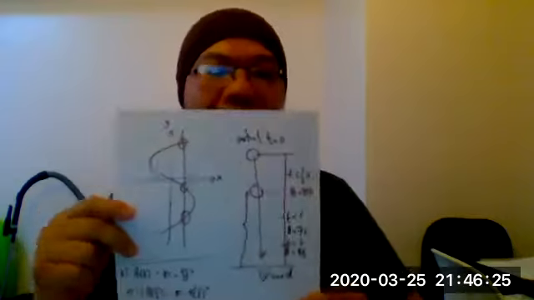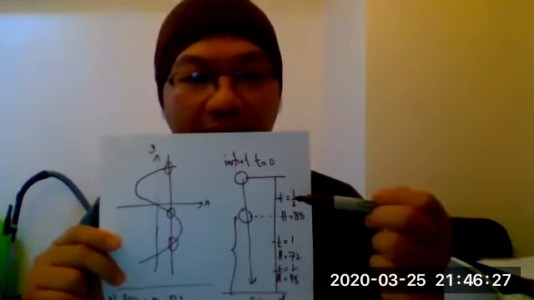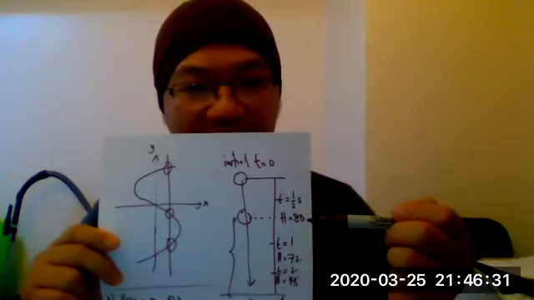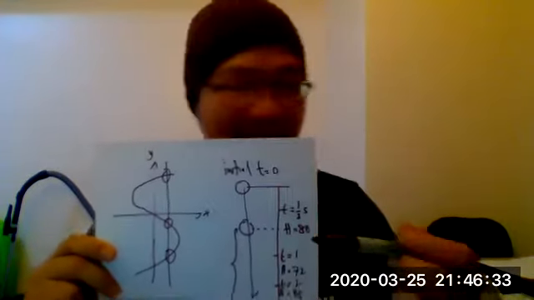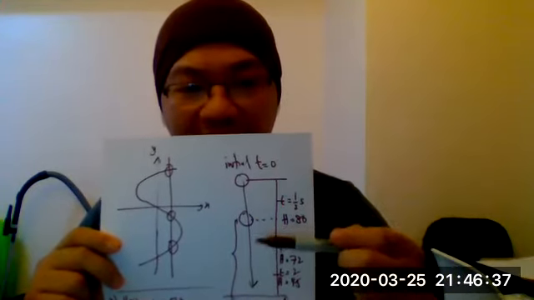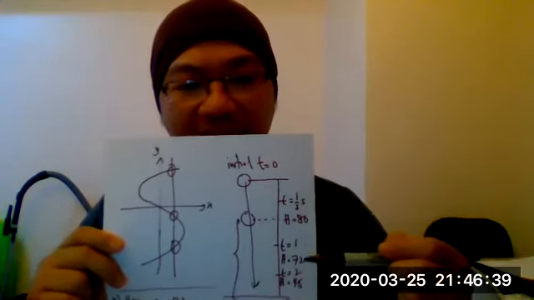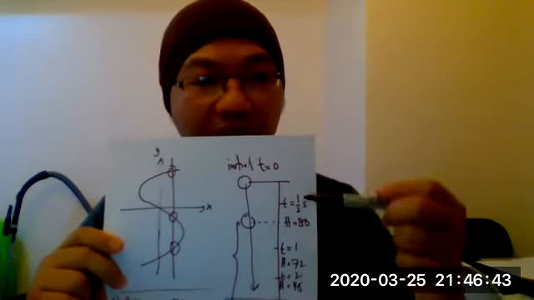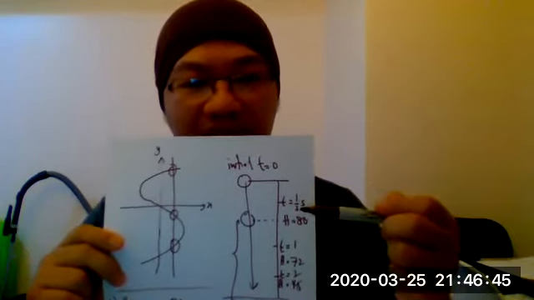So that means, when t is 1/3 second, the height of the batu is 80 meters. And when t equals 1 second, 1 second is longer compared to 1/3 second.